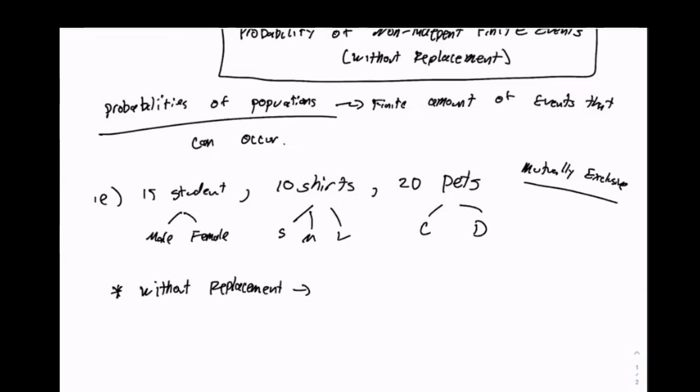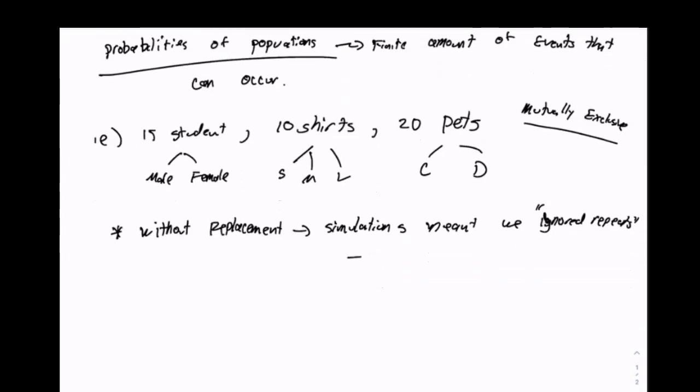If you remember in simulations, it meant we ignored repeats. And in actuality, what happened here was that you had less to select from. So every single time you select something, there's less to select.